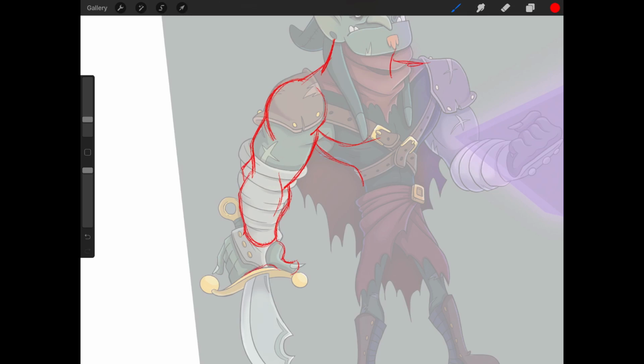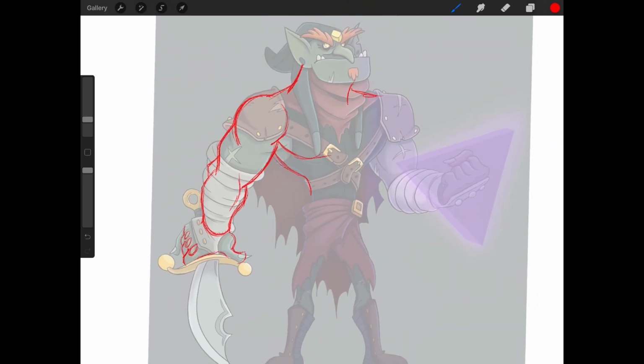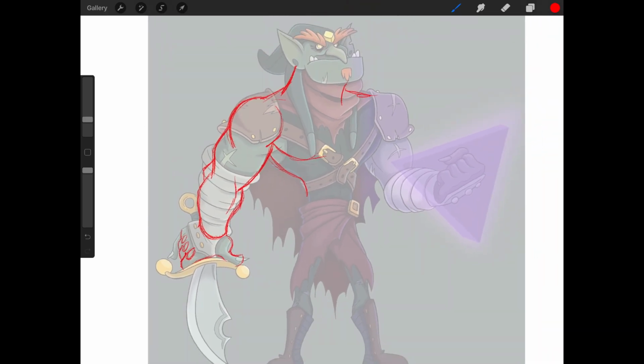And then figure out your knuckles, because right now your knuckles sit right about there, but these fingers would technically end, like the little gaps in the fingers would end right there, and they wouldn't necessarily go into the knuckle like that. So, you know, just some basic foundational things I think will help out with getting this figure to really read.